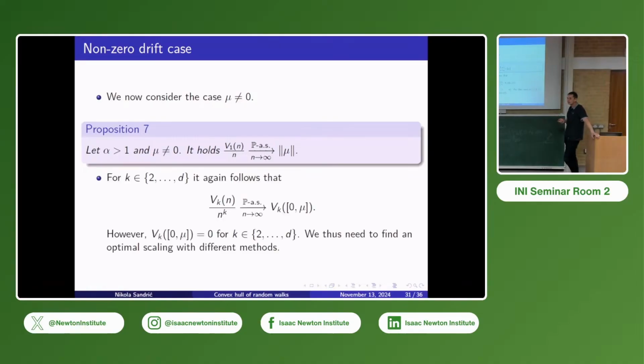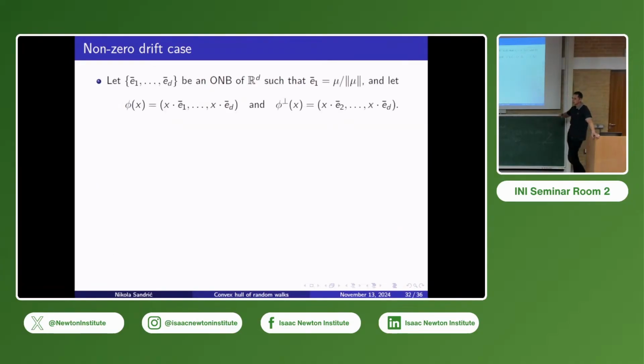The same thing can also be concluded for the other intrinsic volumes. Here we use just this homogeneity of intrinsic volumes, but the right-hand side for k 2 or more is 0. So this is actually not very informative. So the scaling is too strong.